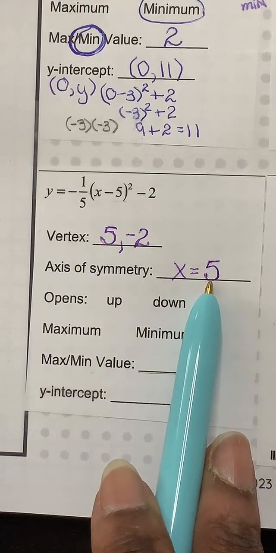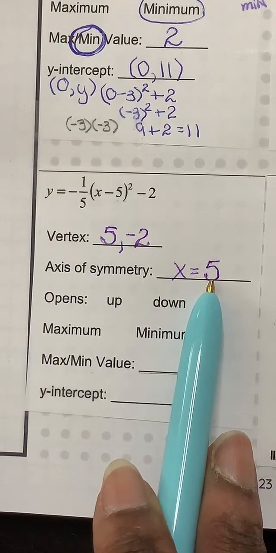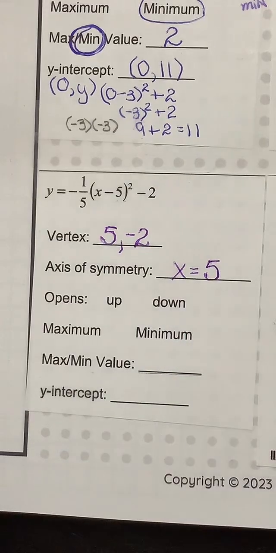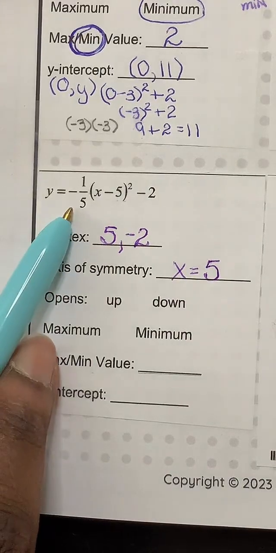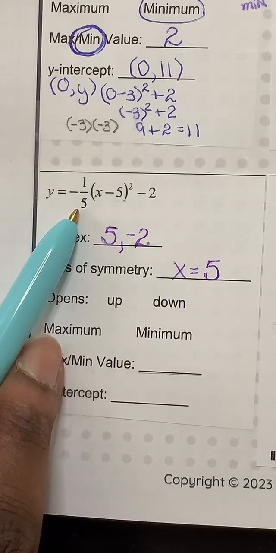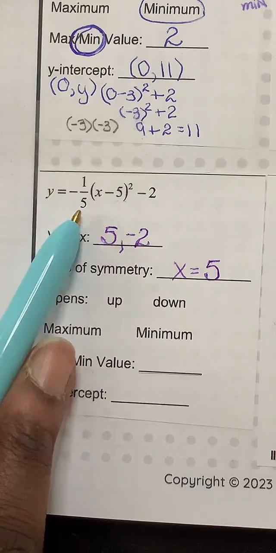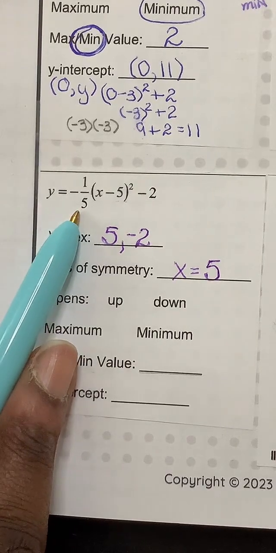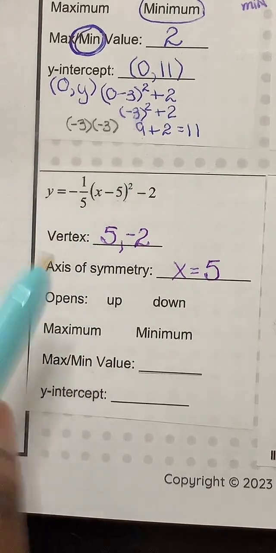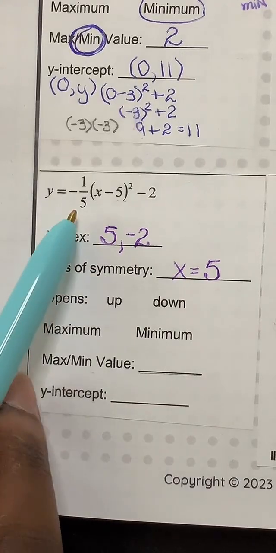Okay, good. Well, wait, Lisa, take a look. What is the sign of your A? Okay, Will Jackson, opens down because of the negative, okay? So since my A value is negative 1/5, right now we're not worrying too much about the 1/5. The 1/5 does do something to the graph, which I'll show you once we graph it.